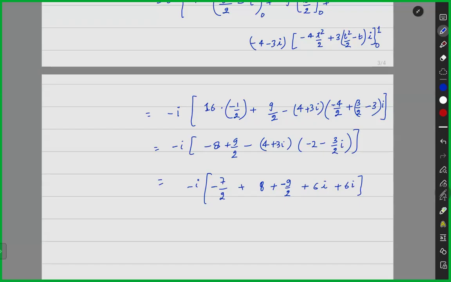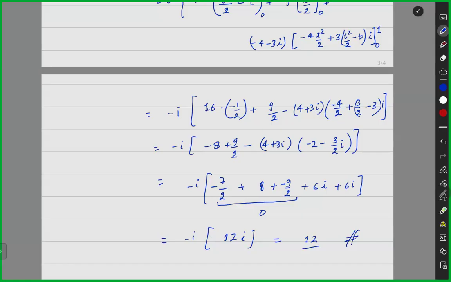So these three things, 9 and 7, become 0, and you just get minus i outside, 12i inside. This becomes, when minus i is multiplied inside, 12, right? This is our solution.